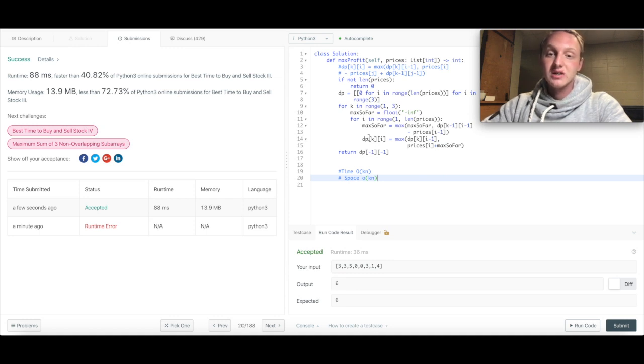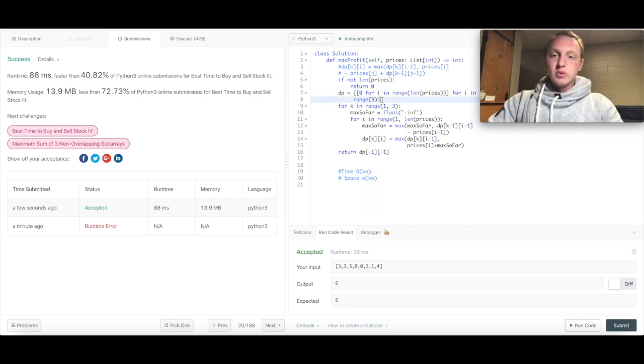So at each transaction, we're just using the part of the table where we have k minus 1, which is just one last transaction, and I minus 1. So one of the ways to improve our solution, we could improve our space complexity for this specific solution.